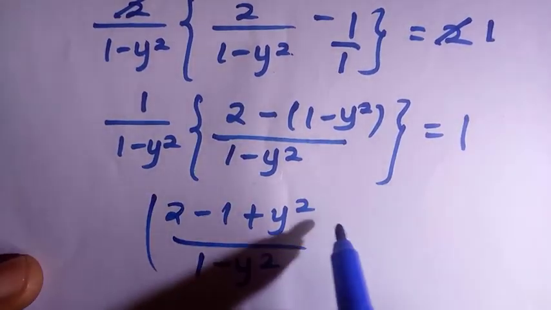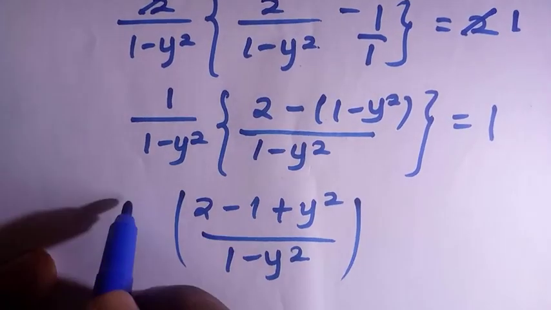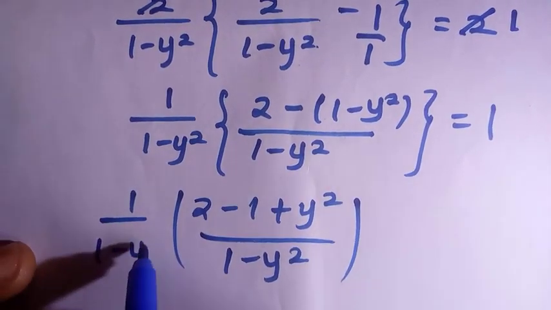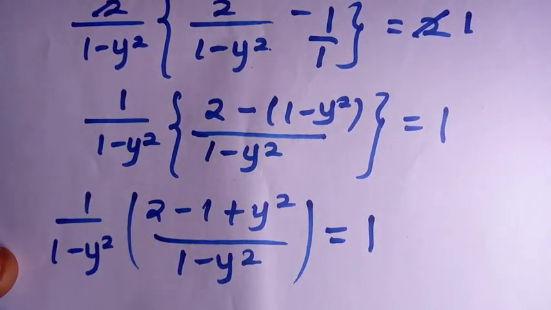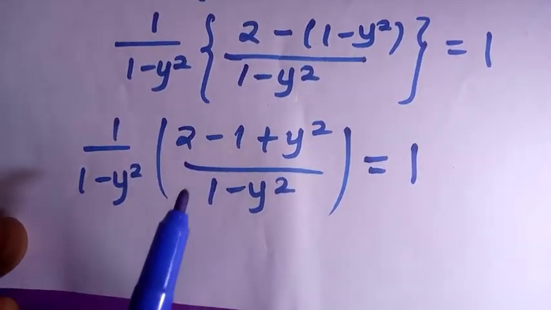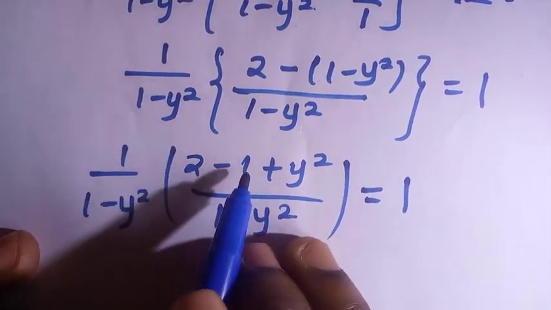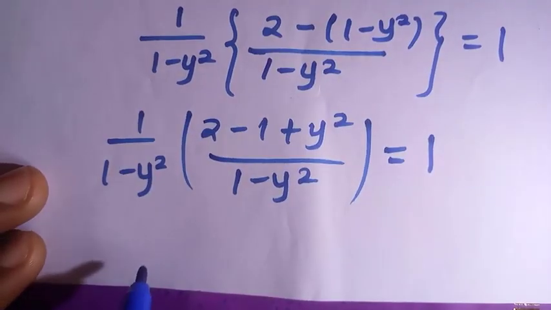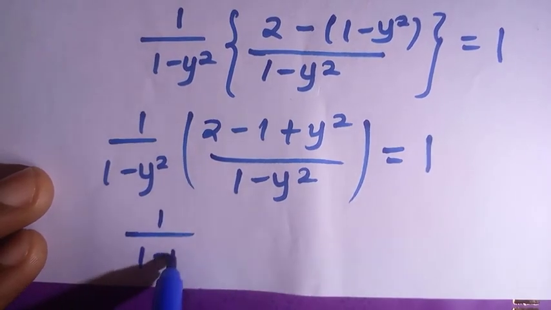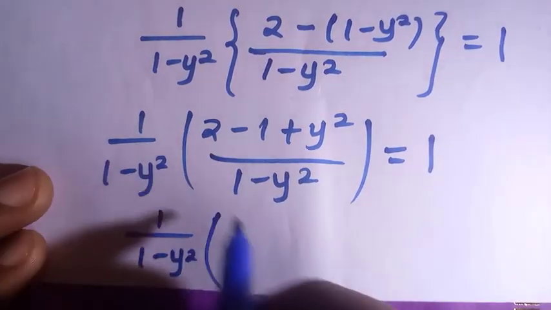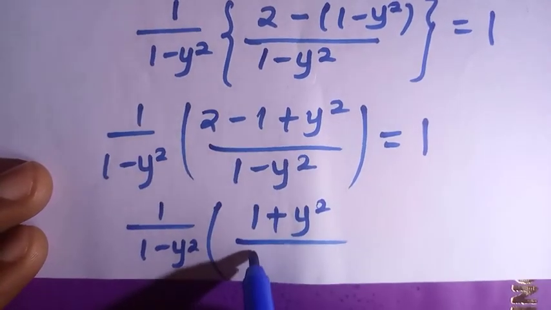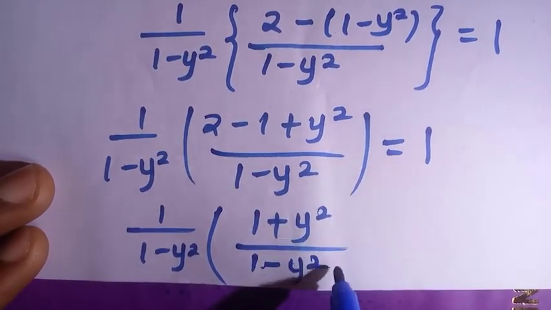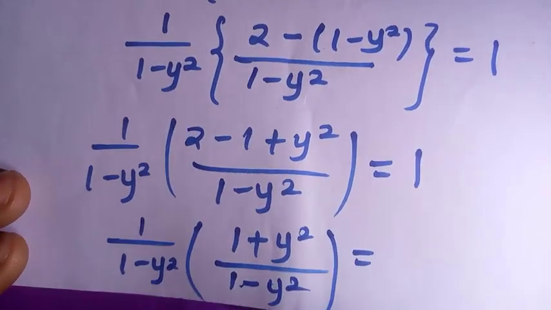By bracketing this, at the side there we have 1 minus y squared, and everything equals 1. Then 2 minus 1 is 1, and it remains 1. If we multiply this 1 by this, we have 1 divided by 1 minus y squared bracket, 1 plus y squared divided by 1 minus y squared, and all this equals 1.